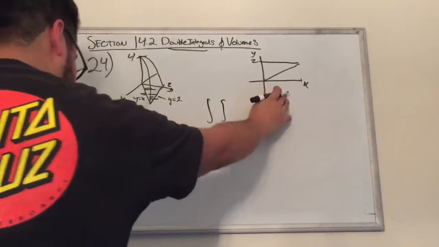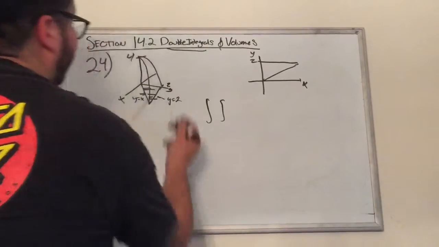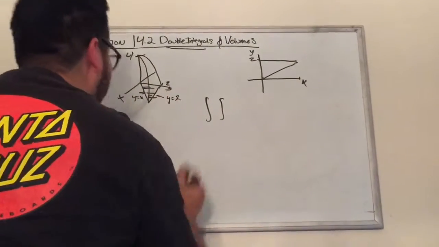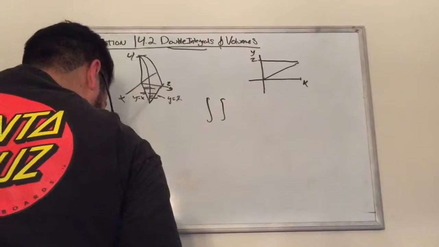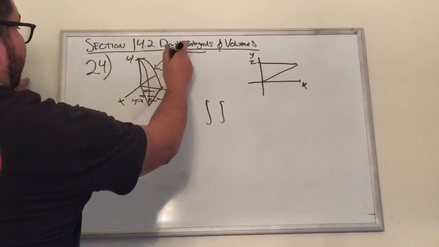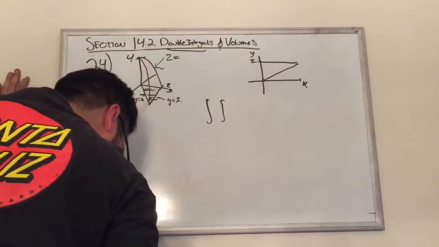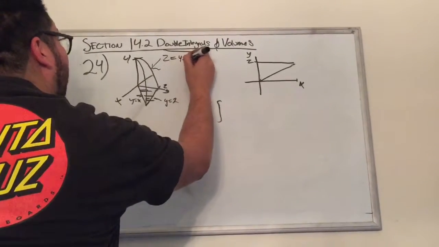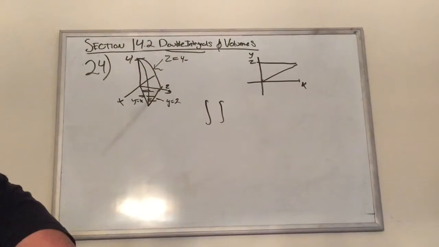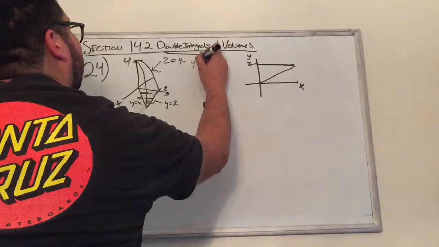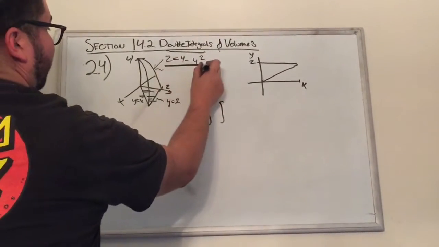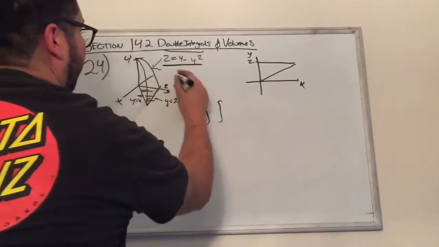Okay. So then with looking at the bounds, we set up our double integral. Now that we have it in 2D, it's easier to see the bounds compared to this 3D here, which is a little more difficult to see because of the z. So this is z right here. Z equals, this is also given in the problem, z equals 4 minus y squared. So this z component is what we're integrating over.